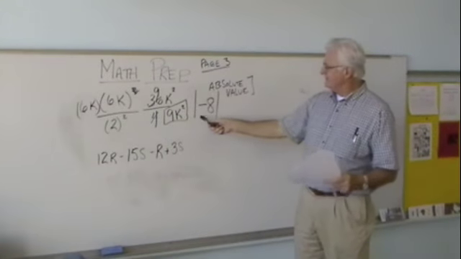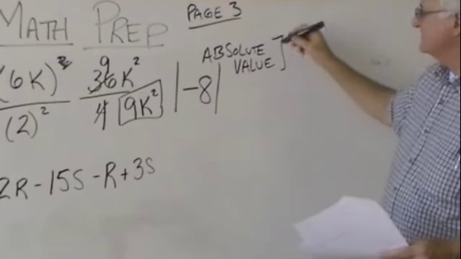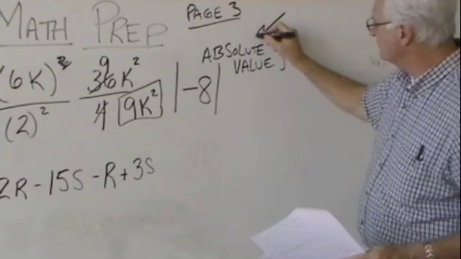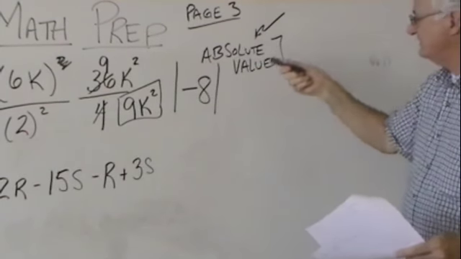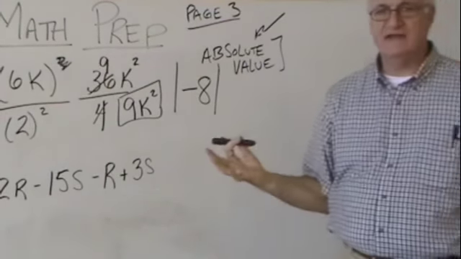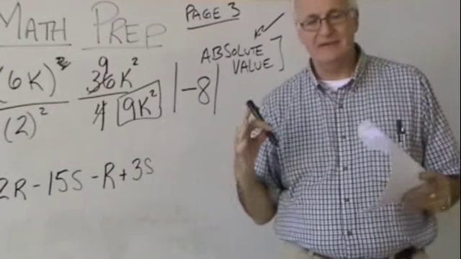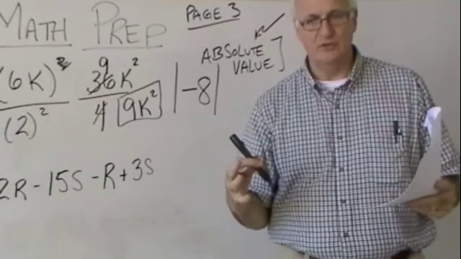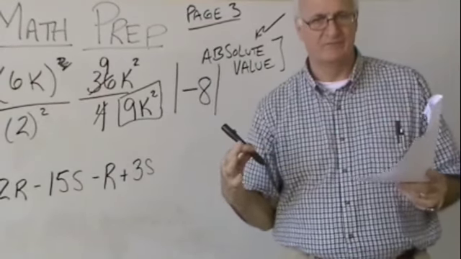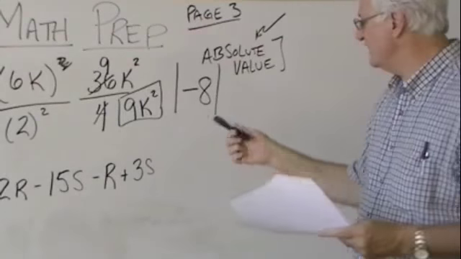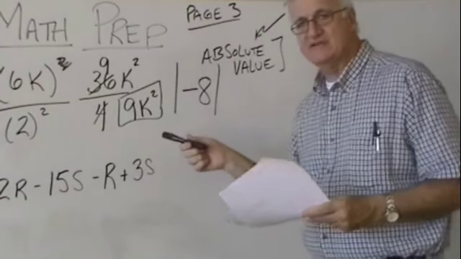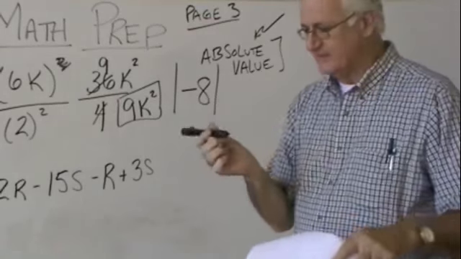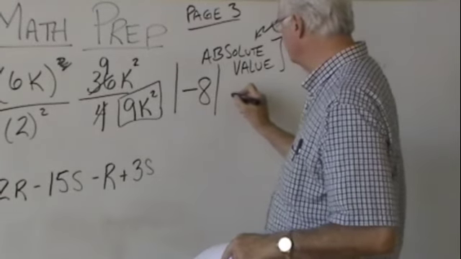Here, the negative 8, these straight solid lines are asking for what's called absolute value. An absolute value means simply the plain magnitude, just the quantity. How many things do you have in here? The sign is dropped. It is irrelevant. There is no sign on the absolute value.